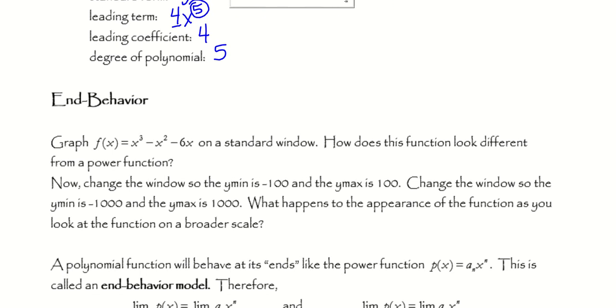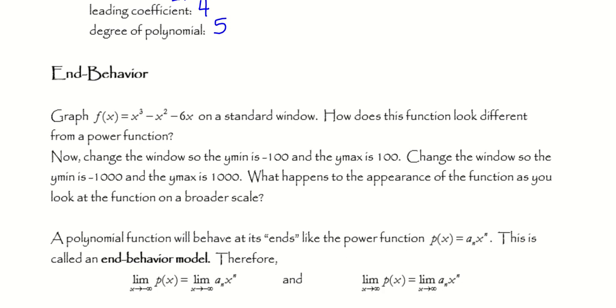All right, so let's pick up and let's talk about end behavior, which we talked about in class recently. And the idea is this.